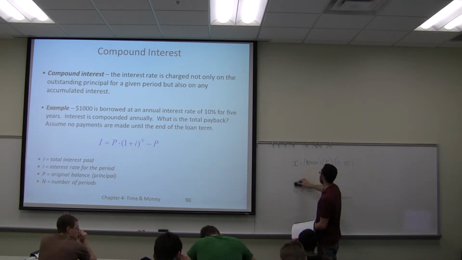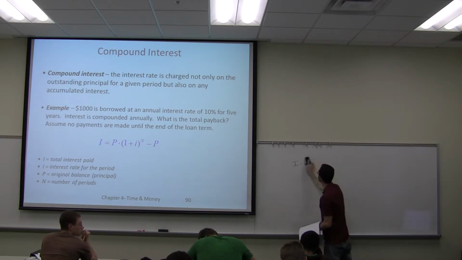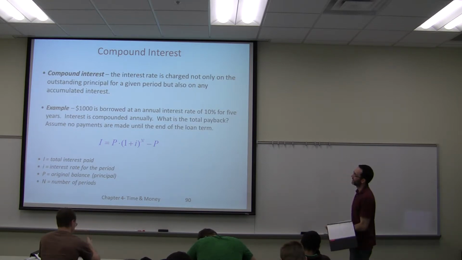So let's look at this example. If it compounds annually, so it's the same $1,000, and we have, again, an interest rate of 10%, but it's compounded annually. So what's the total payback?